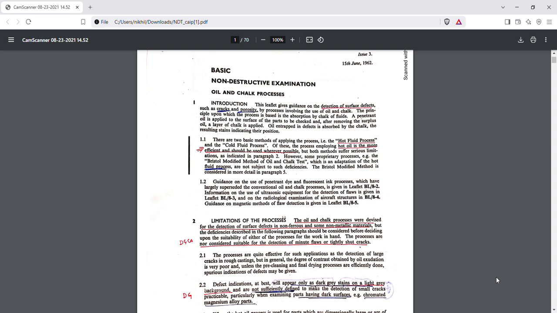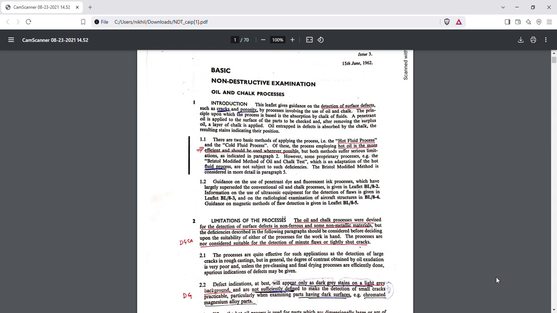However, some proprietary processes, for example the Bristol modified method of oil and chalk test, which is an adaptation of the hot fluid process, are not subjected to such deficiencies. The Bristol method is considered in more detail in paragraph 5.